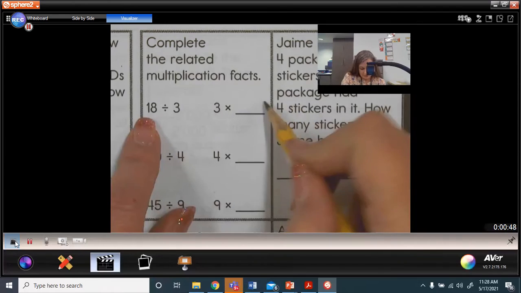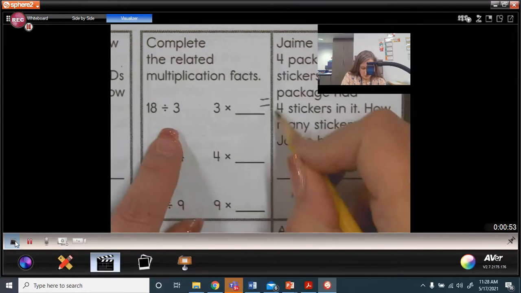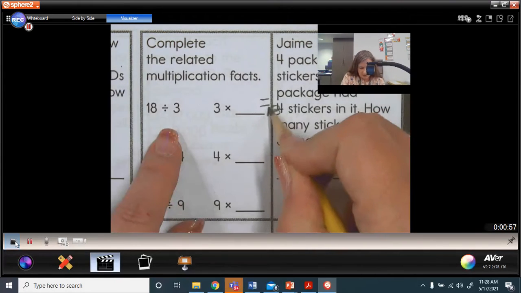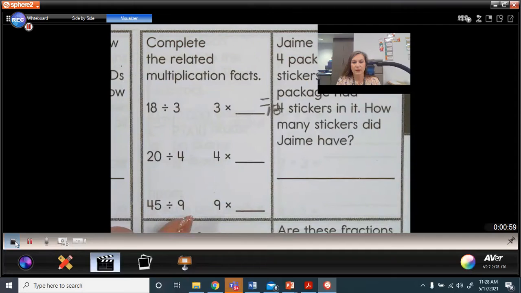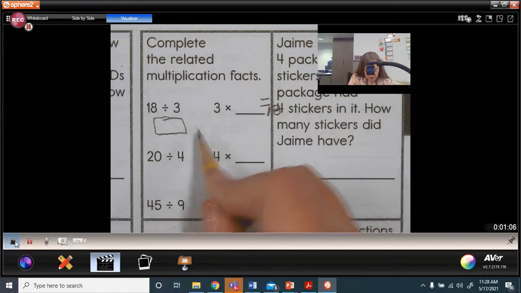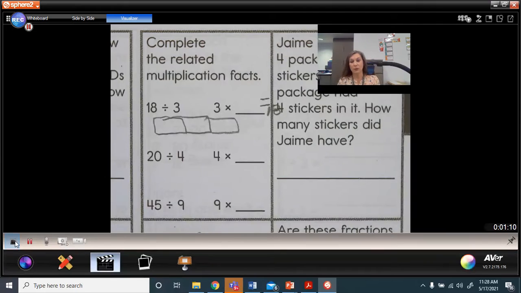So, I have 3 groups of something, and those groups are going to give me a total of 18 objects. So let's go ahead and take these 18 objects and put them equally into 3 groups, especially if we don't know our multiplication facts.